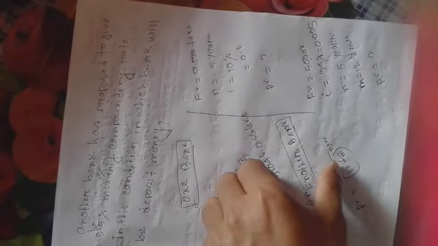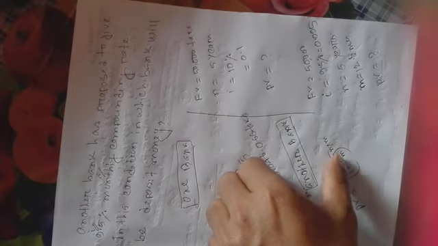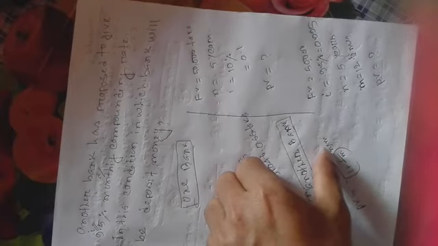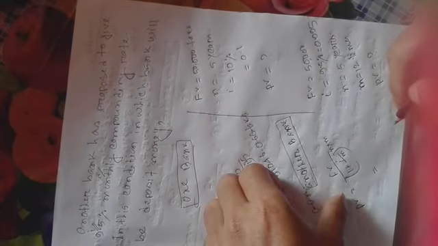When M is given, PV is equal to FV divided by 1 plus I divided by M, to the power n into M. Here I is the rate of interest, M is the number of compounding periods, n is the number of years, and FV is the future value. By following this formula, we can easily find the present value.